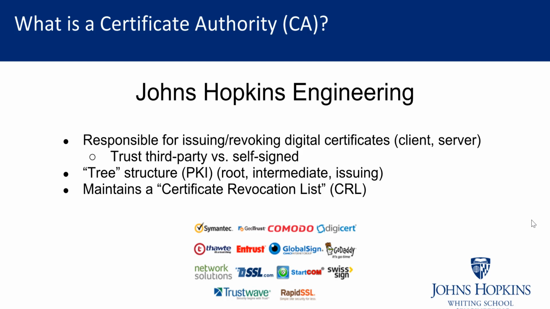The other main job, in addition to issuing certificates, is that the certificate authority is also responsible for maintaining a CRL. The CRL is a list of certificates that have been revoked. So, let's say, for example, that we have an Entrust certificate for our website, and let's say we were careless and our private key became compromised.